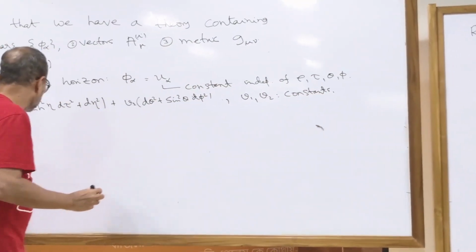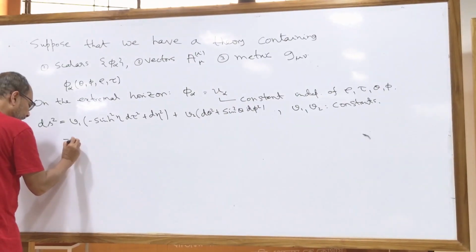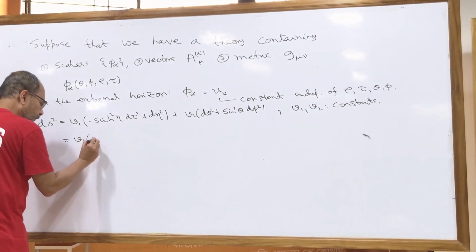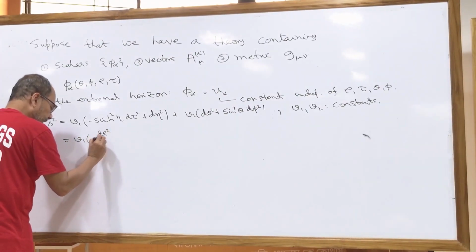I can also rewrite in the rho tau coordinates. Sometimes it's useful.